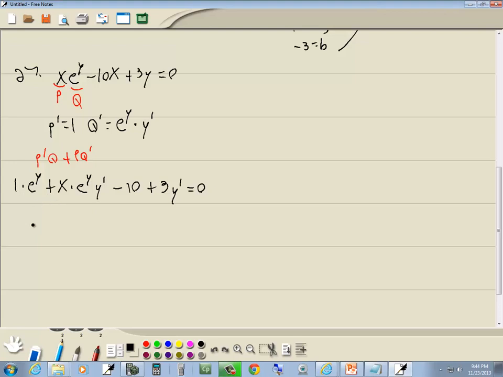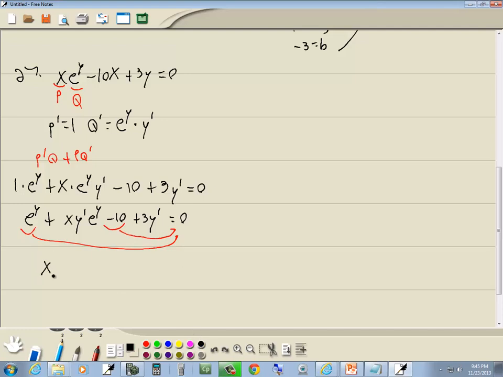Let's see, we got e to the y plus x y prime e to the y minus 10 plus 3y prime equals 0. Now we want to get everything with y prime on one side, everything else on the other. So I'll take this negative 10 to the right side, take the e to the y to the right side.